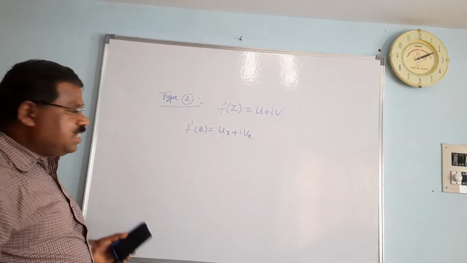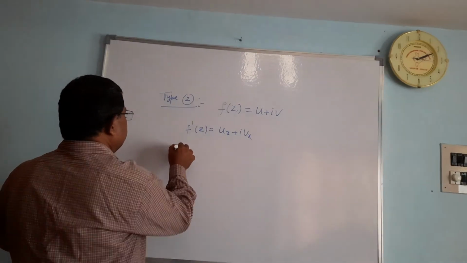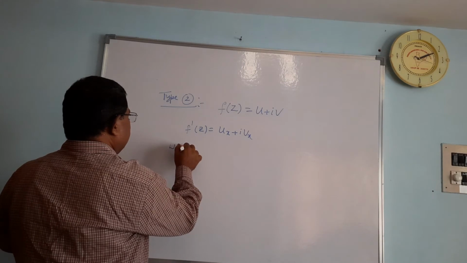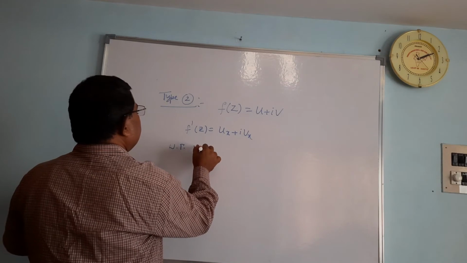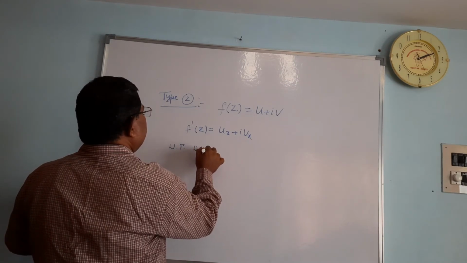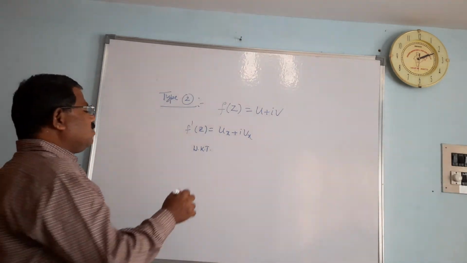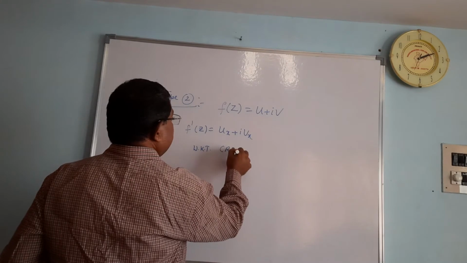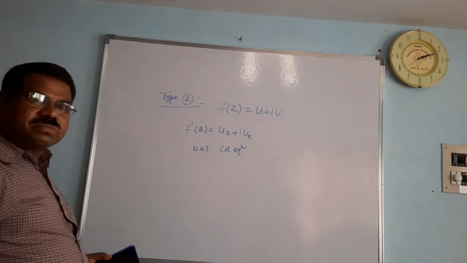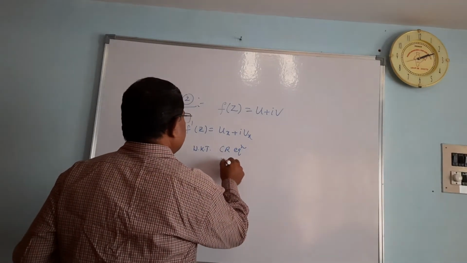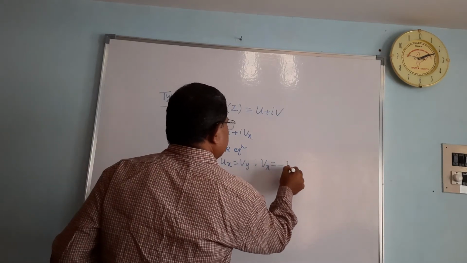Here, we know the Cauchy-Riemann equations, the CR equations: ux equals vy, vx equals minus uy, we already know that.